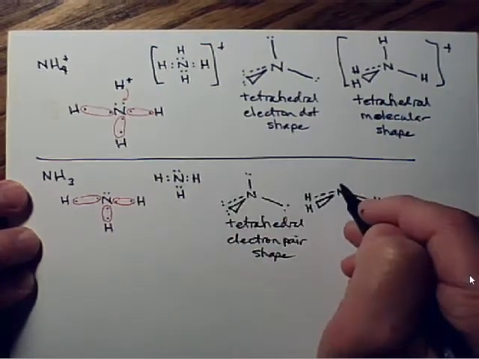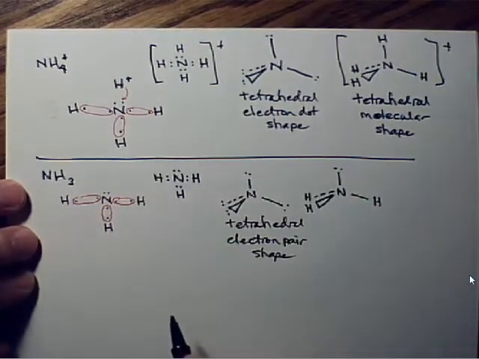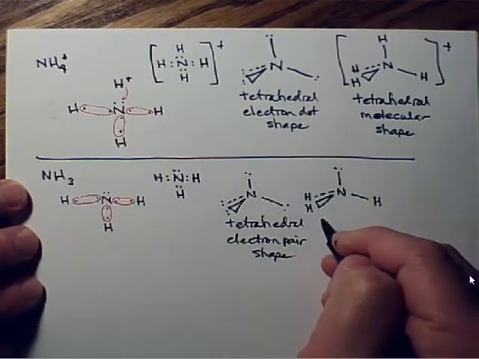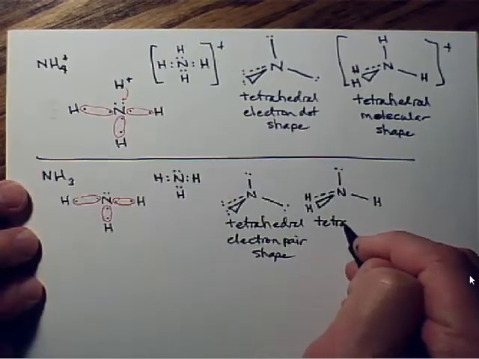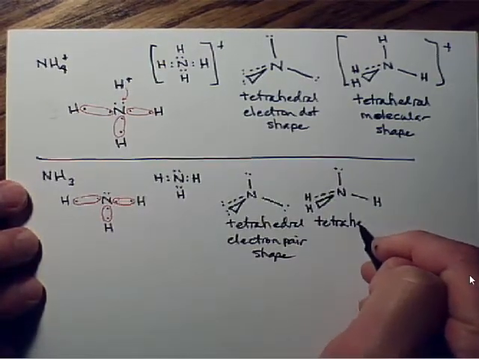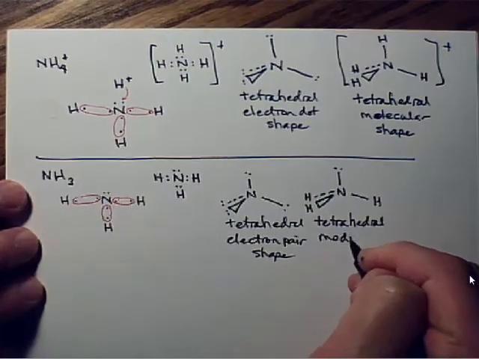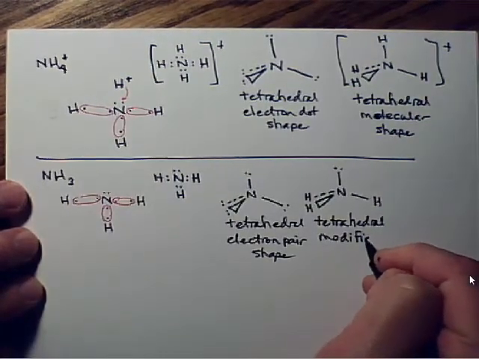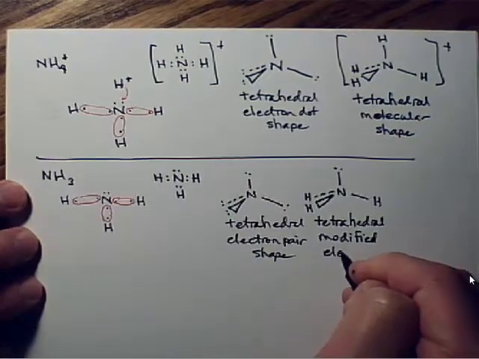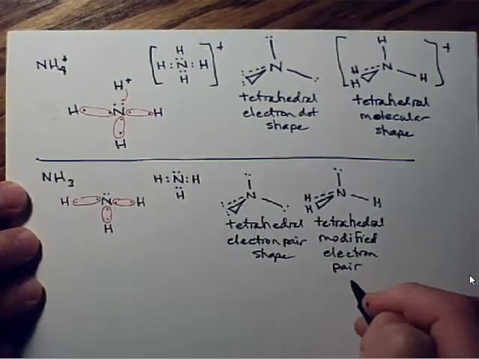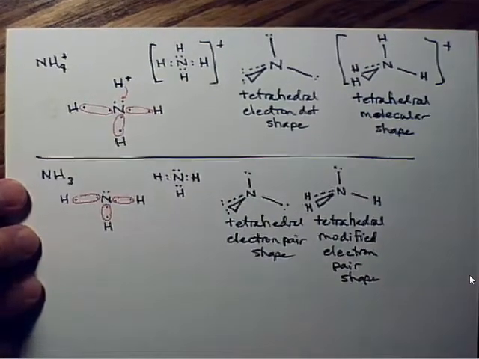And I'm going to leave this lone pair up here unshared. So this is still a tetrahedral. Can it be any of the 4? Yes, it can be any of the 4. And this is where we call it the modified electron pair shape.